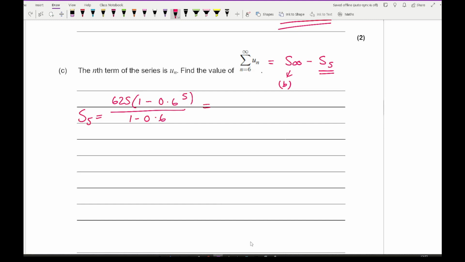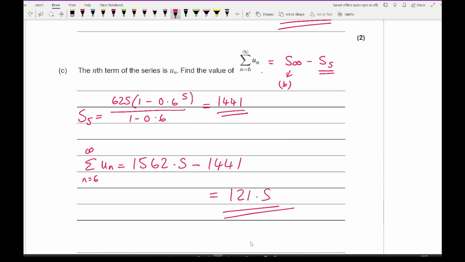And if I type that onto my calculator, I get an answer of 1441. So then here to work out what they've asked me to do, so sigma n equals 6 to infinity of un is going to equal 1562.5 minus 1441, and that gives me an answer of 121.5.